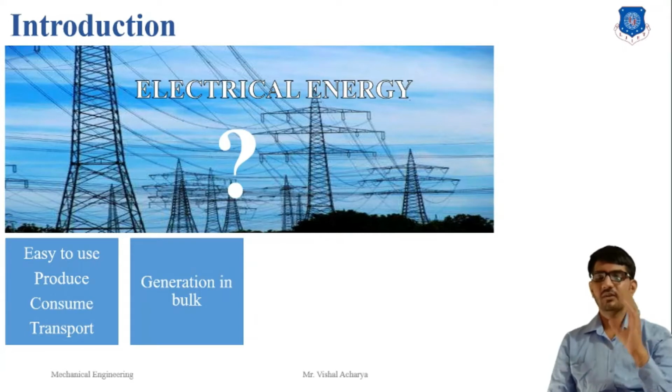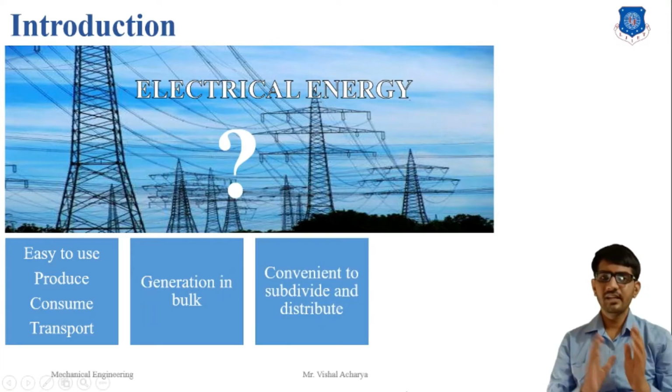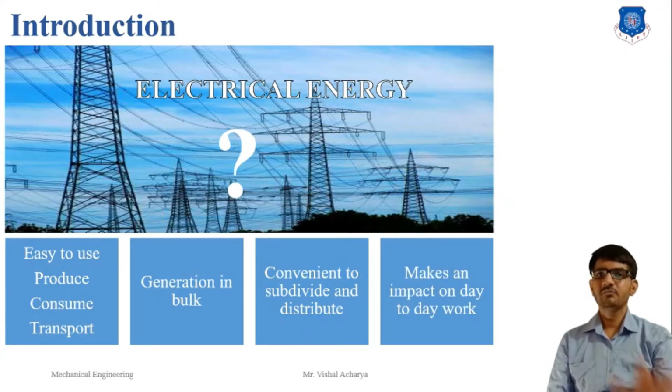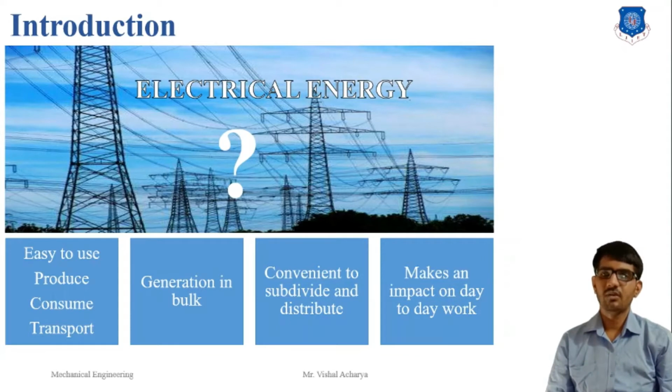Electricity can be generated in bulk and transferred easily without much loss in transportation. Electricity is also convenient to subdivide and distribute in small parts, and it makes an impact on day-to-day life and work. So we use electrical energy as the output of all power plants.